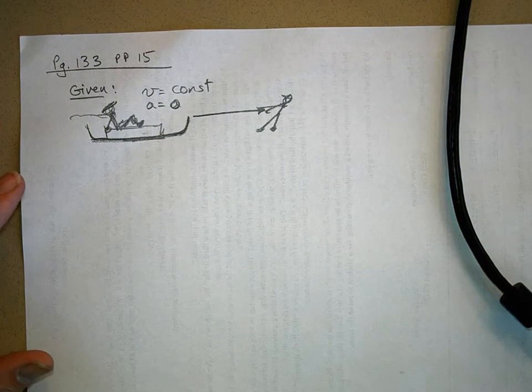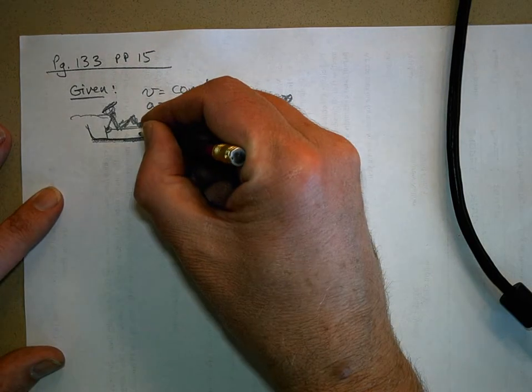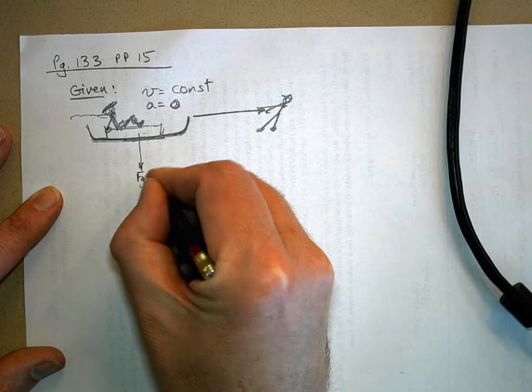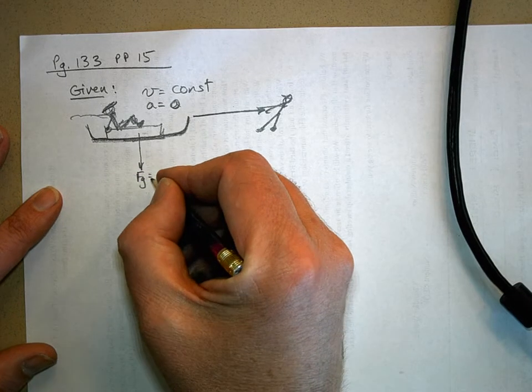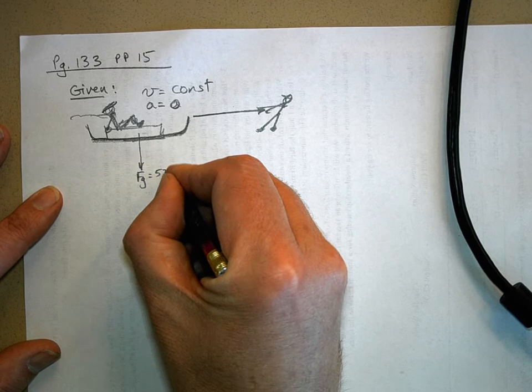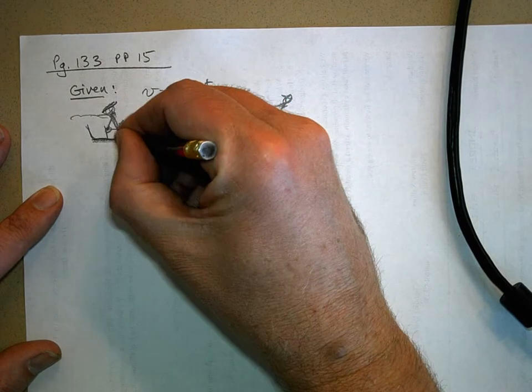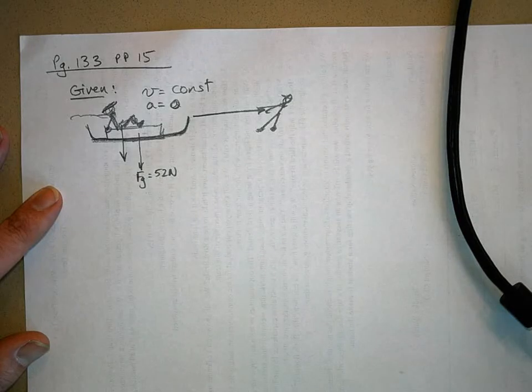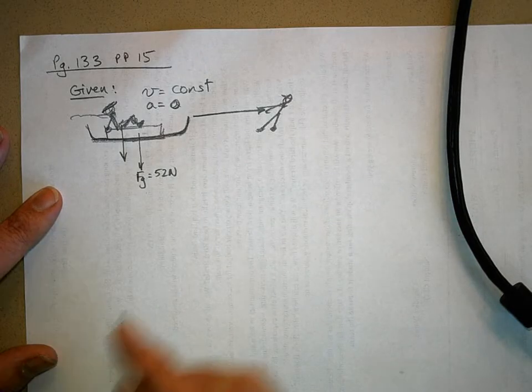Now, it said in the previous problem that the force of gravity on the sled, what was it, 52 newtons? Correct. And then it said the weight of the person, I'm not drawing these to scale, is 650 newtons.